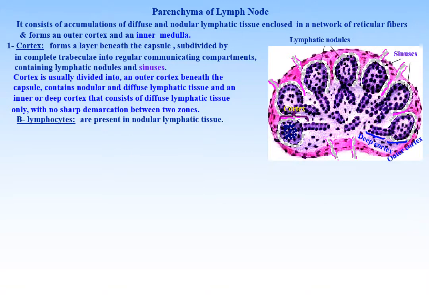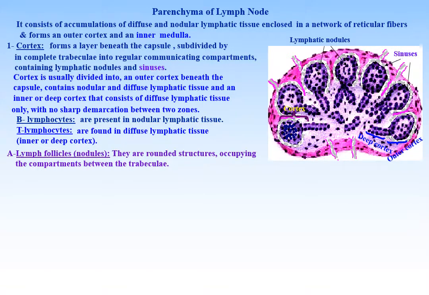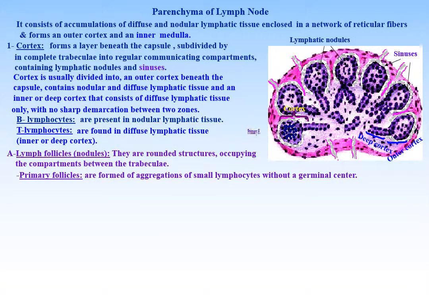B lymphocytes are present in the nodular lymphatic tissue that is in the upper part of the cortex, while T lymphocytes are found in the diffuse lymphatic tissue in the inner or the deep cortex. Lymph follicles or nodules, they are rounded structures occupying the compartments between the trabeculae.